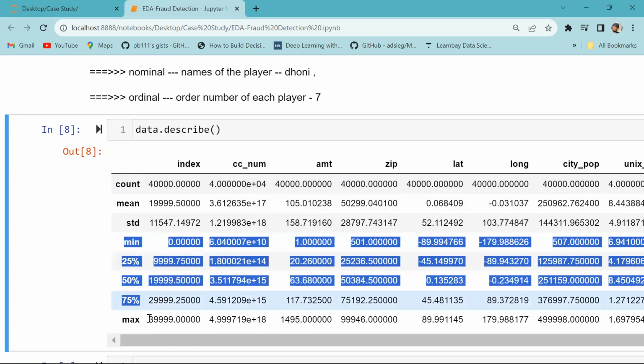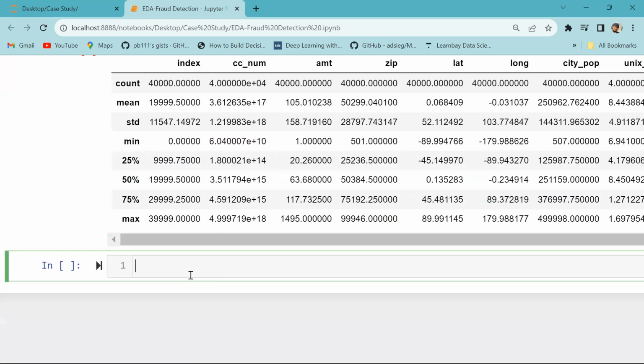This is the way the entire data, for example a data having 1 lakh records or observations, we can describe with 5 numbers. We call it the 5 summary data. Even if you have millions of observations, we can represent them with 5 numbers.